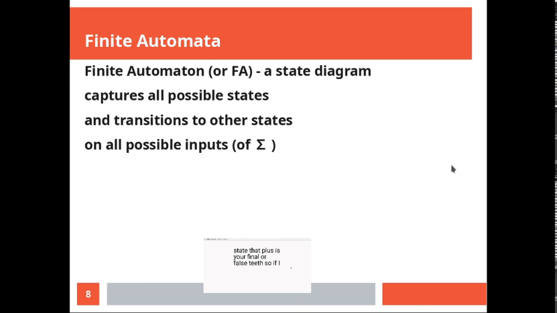So if I talk about finite automata more formally, it's a state diagram. It captures all possible states and transitions to other states on all possible inputs of the alphabet. So in this case of the vending machine, I have captured all possible states, but I have not yet captured all transitions and all possible inputs.